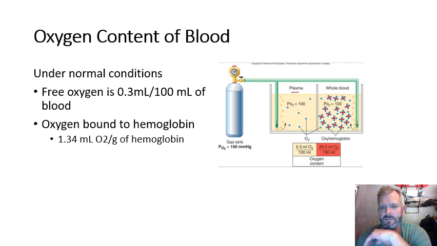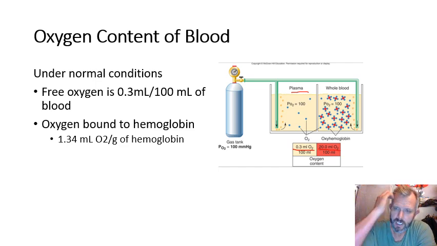You can see in the plasma how very little there is, 0.3, less than 1 milliliter per 100 milliliters, whereas in hemoglobin, we've got 20 milliliters of O2 per 100. So the bulk of the oxygen is carried in the blood by hemoglobin.